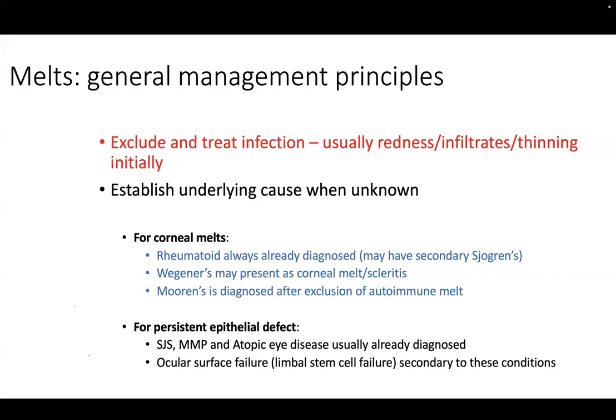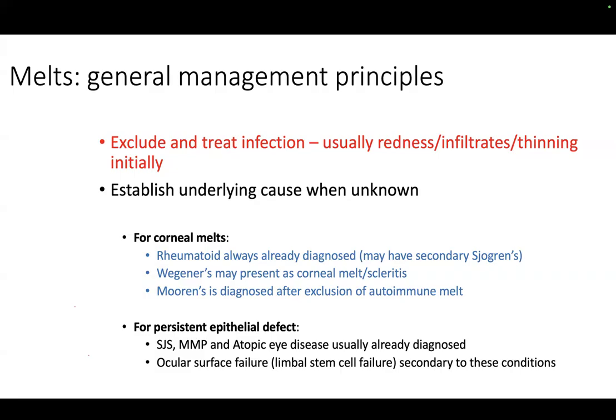That's much more common infection. And so we will undertake corneal scrapes to exclude it and then try and go about understanding what the possible cause could be. If a patient has a history of rheumatoid arthritis, this is almost always evident from the history. And it doesn't have to be active systemic disease.